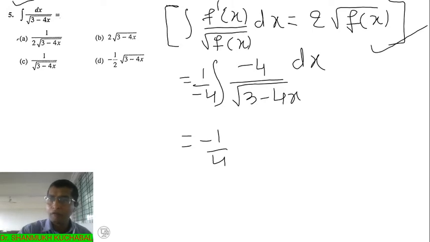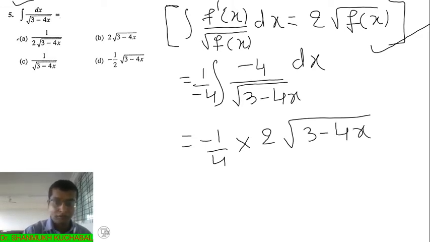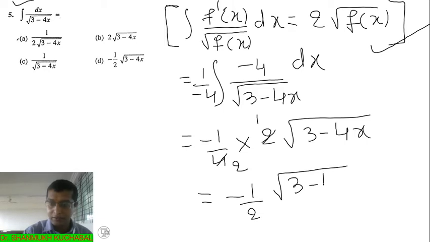Using the above formula, we write this as multiplied by 2 under the square root of f of x, where f of x is 3 minus 4x. Further, 2 ones are 2, so it is minus 1 divided by 2 under the square root of 3 minus 4x. Therefore, option D is the right answer.